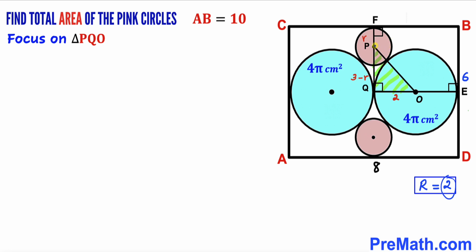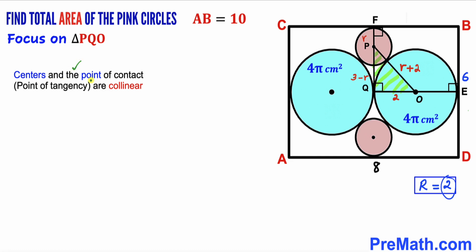So therefore this OP length is going to be r plus 2. And once again, let's recall this crucial fact: the centers and the point of tangency are collinear. So no wonder the centers O, P and this point of tangency are collinear. They lie on the very same line.